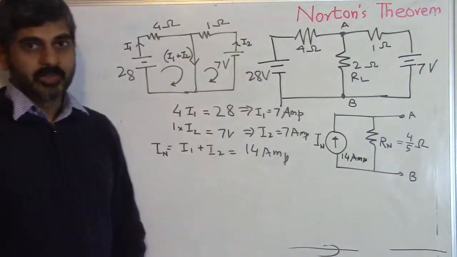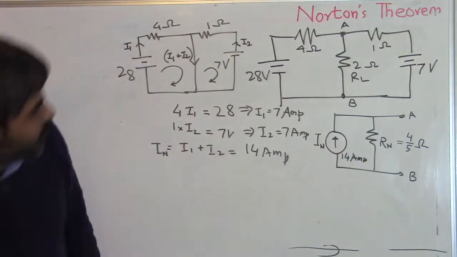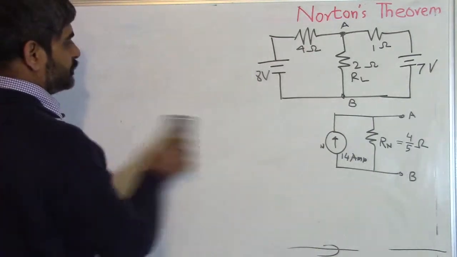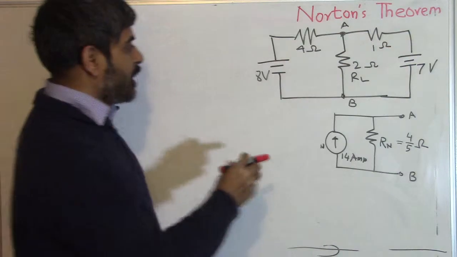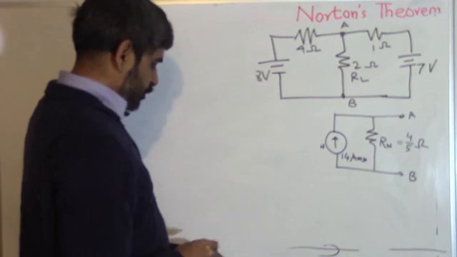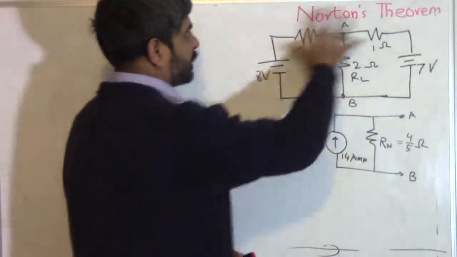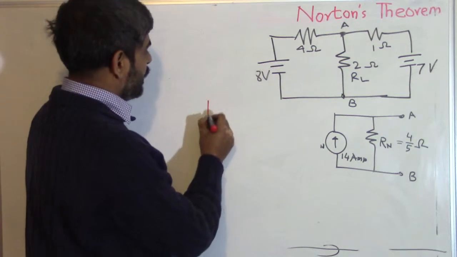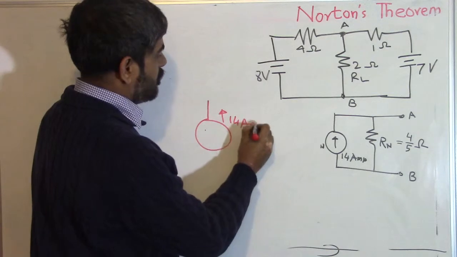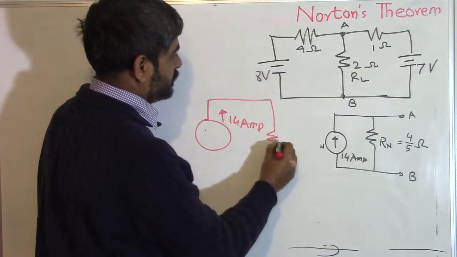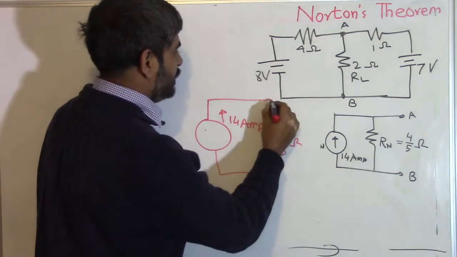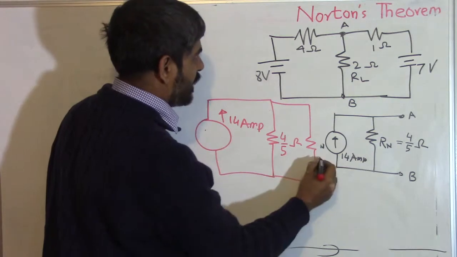Now how does this help in finding the current in this load resistor? This is the next thing we are going to calculate. Now that we have found this, we have replaced this whole circuit with a circuit that has a current source of 14 amp, a resistor of 4 by 5 ohm, and then this is the load resistor RL.